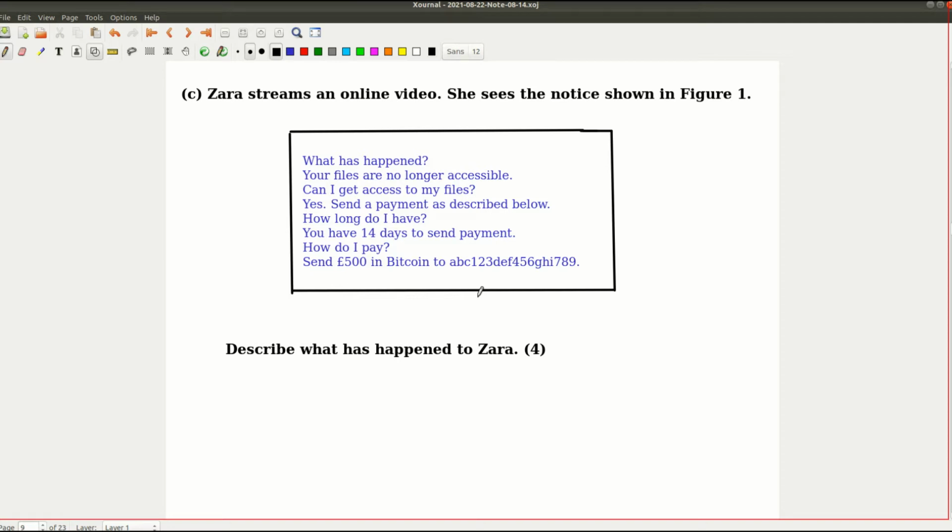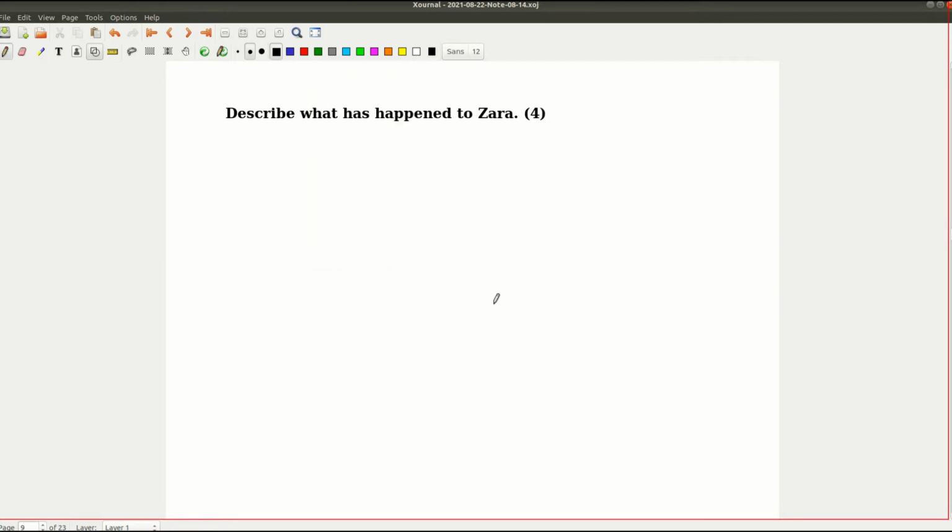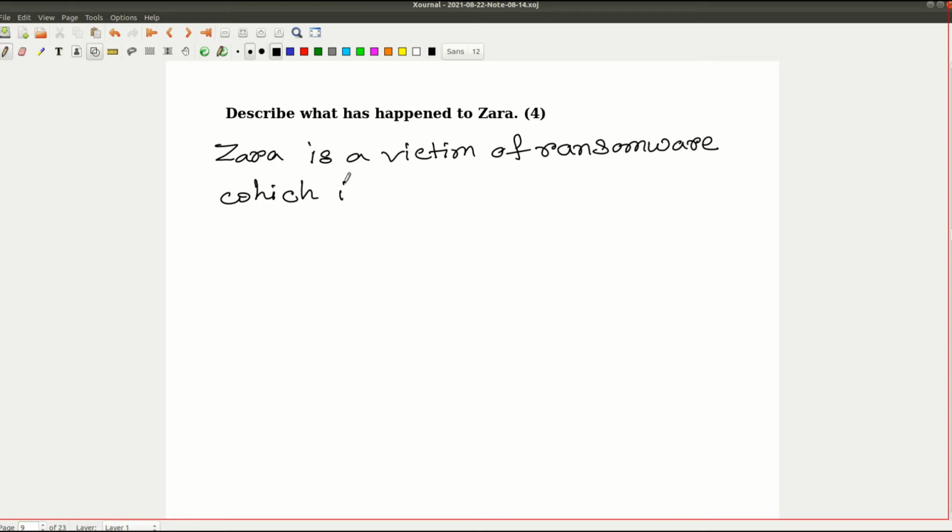So here we can write: Zara is a victim of ransomware, which is a malicious software.